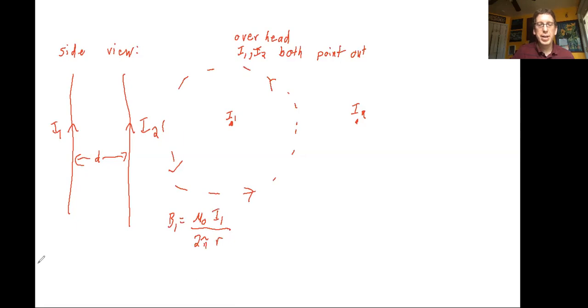We'll define, so this is B1, we'll let B12 equal B1 at the location of I2. So the magnetic field due to current 1 at the location of I2 is going to be up from our vantage point.